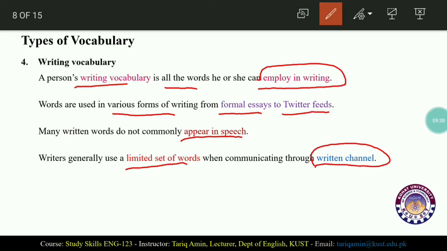I've discussed the same point previously, that there are lots of words that we use in our speech, but we don't use those words in our writing. The written channel has a limited set of words. All the words that we use in our speech are not used in our writing.